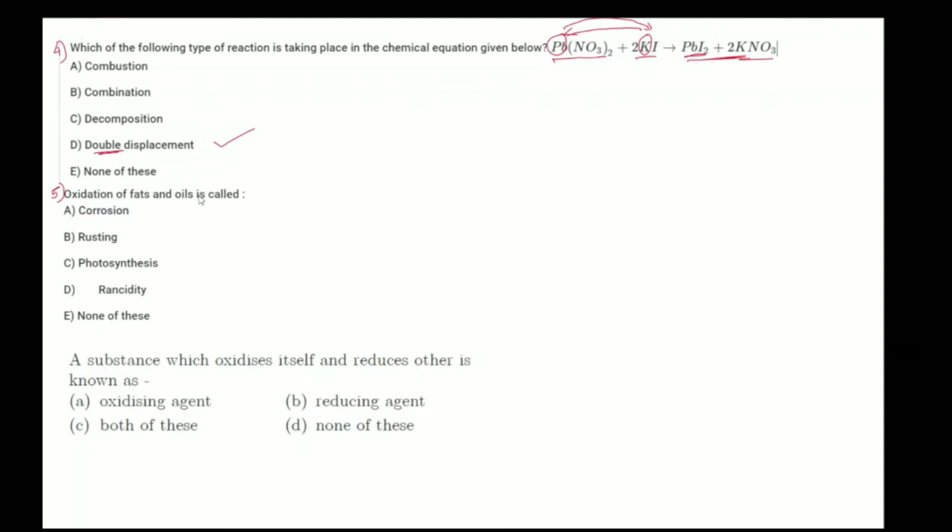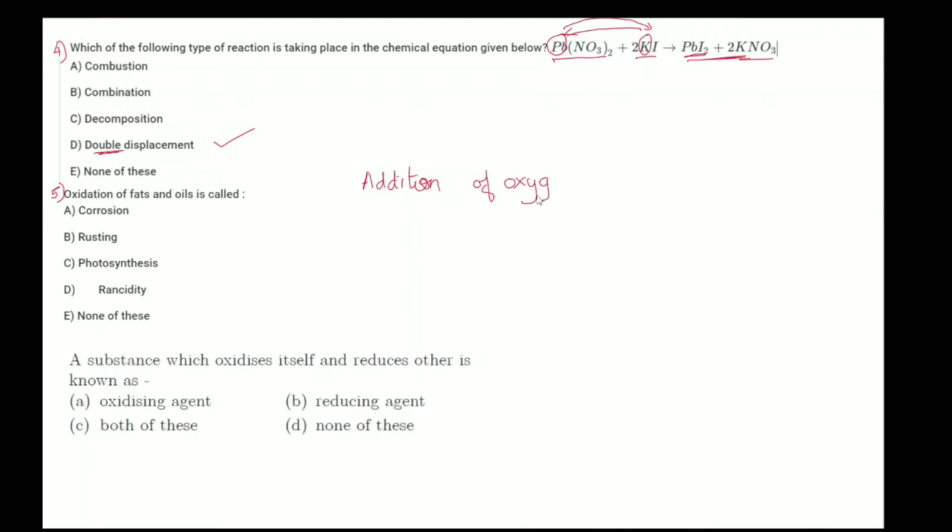Oxidation of fats and oil is called corrosion, rusting, photosynthesis or rancidity. Now this is a very easy type of question. Oxidation means addition of what? Yes, it is addition of oxygen. So when we add oxygen, what is the process?